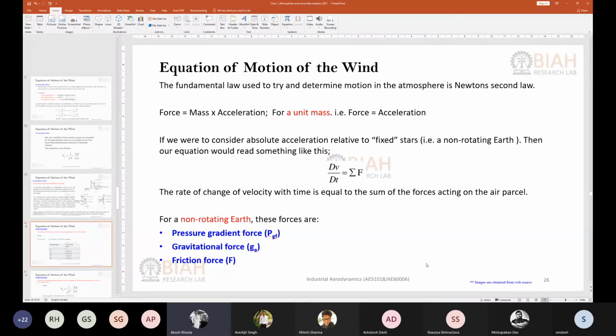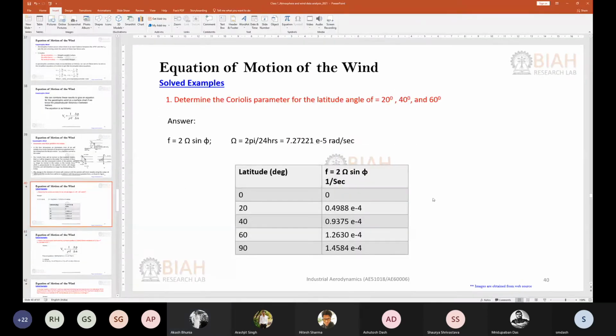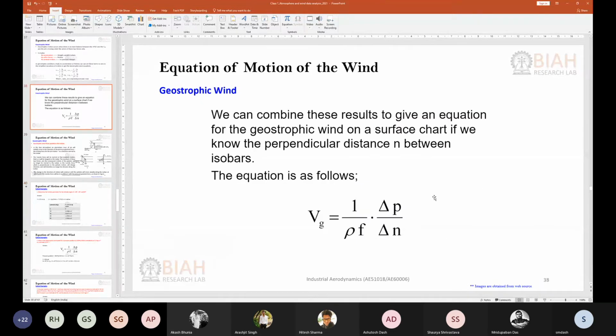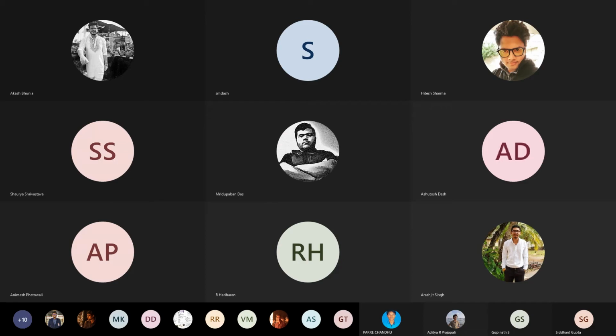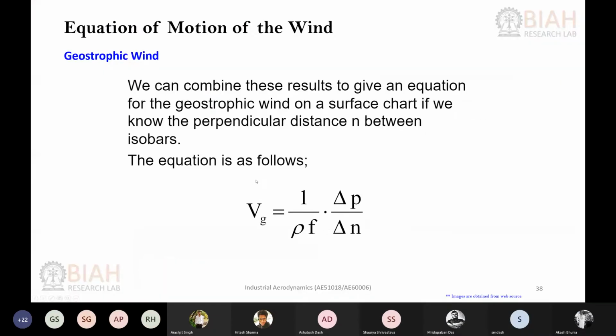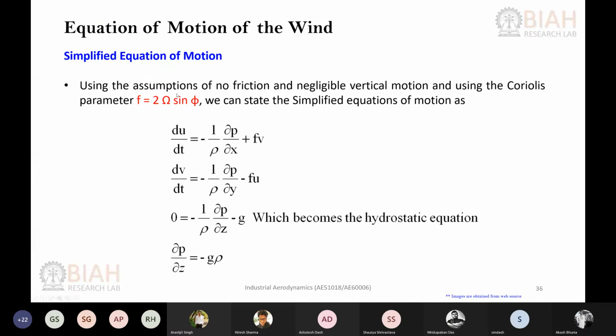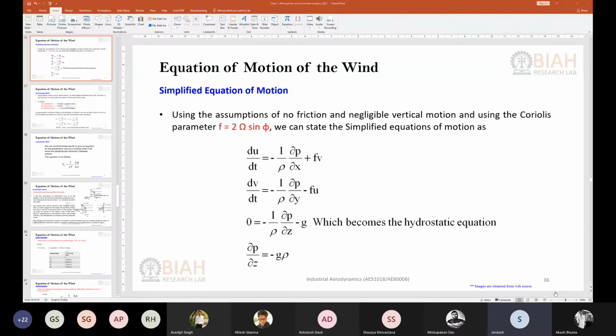Sir, can you show the equation once? Yes, the Coriolis parameter equation is this one.